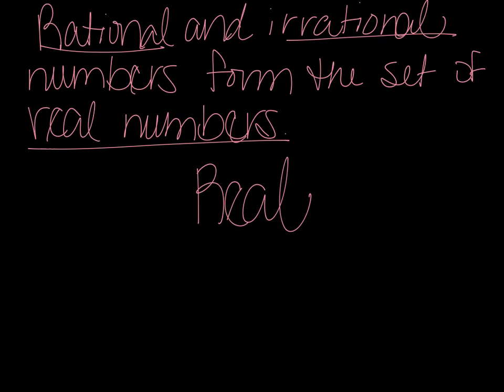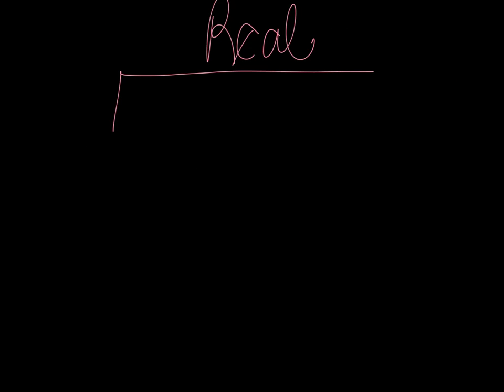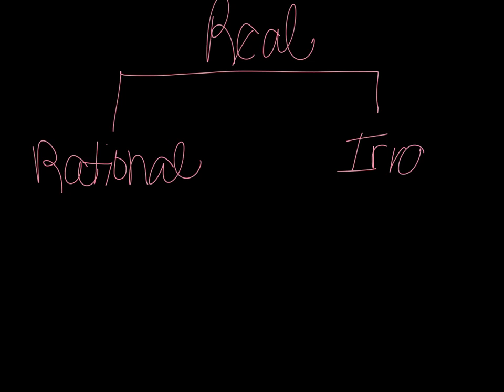Well, I don't think I'm going to have enough room on this slide. I'm going to go to the next slide to do this. I'm going to start with real numbers. Now, from real numbers, I have rational and I have irrational. Now, one thing I can talk about is the difference in decimals.